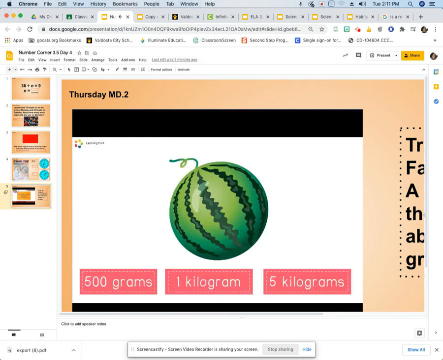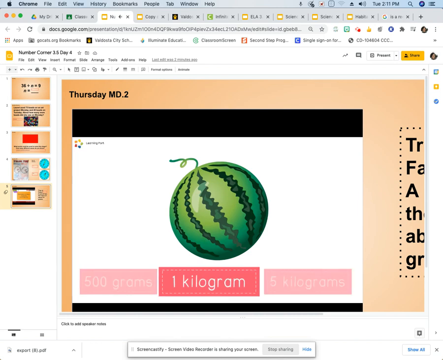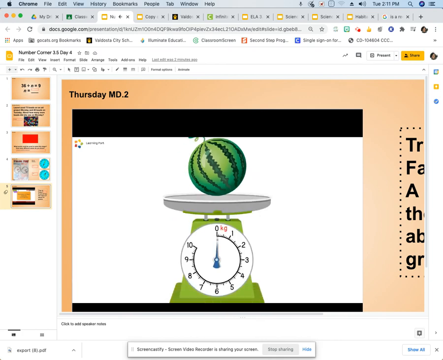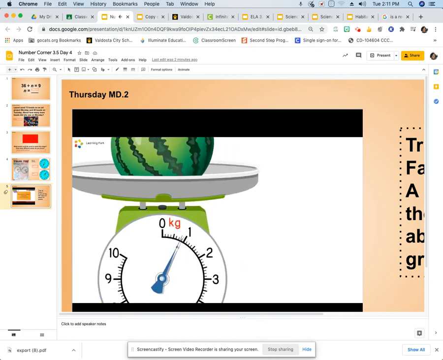Now estimate the mass of a watermelon. 500 grams, 1 kilogram, 5 kilograms. 1 kilogram. Excellent. Let's weigh the watermelon on the weighing scale. Its mass is 850 grams, which is close to 1 kilogram.